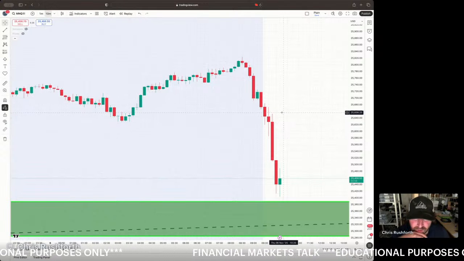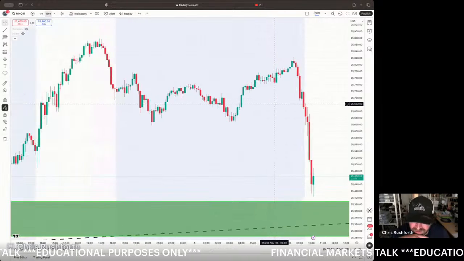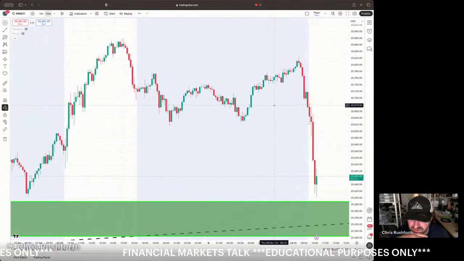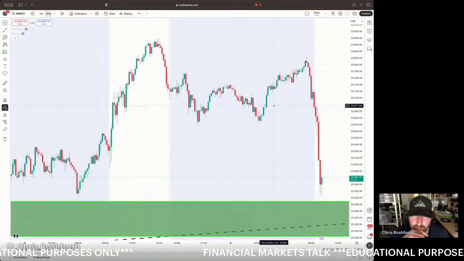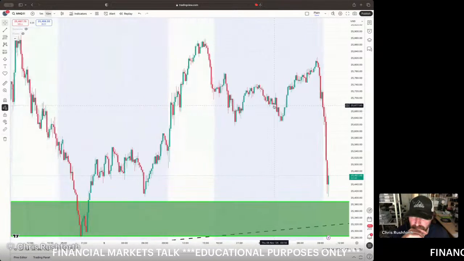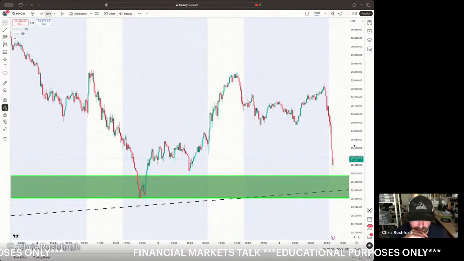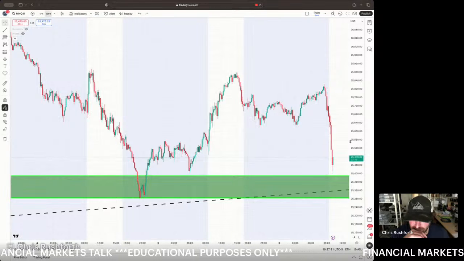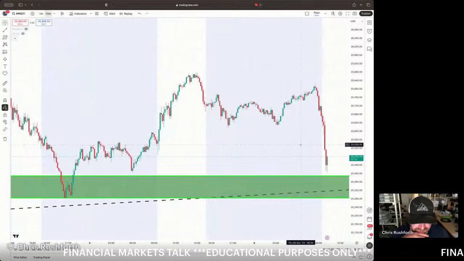It would have been hard to pick a trade this morning based off of what we saw on the 9:30 candle close. That's okay. But right now, there's no trade.